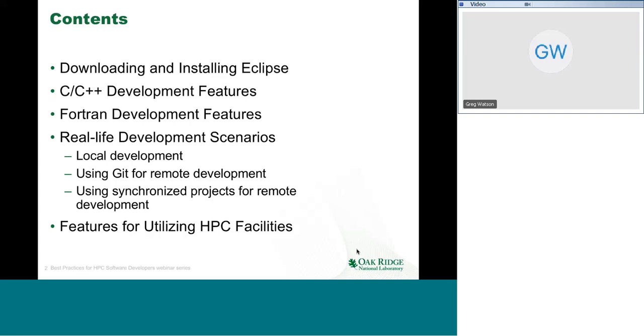And then finally, hopefully we'll have a little bit of time left, we will look at some of the features that are available for utilizing the facilities of HPC systems, things like job schedulers and system monitoring. So that's what I want to cover today.